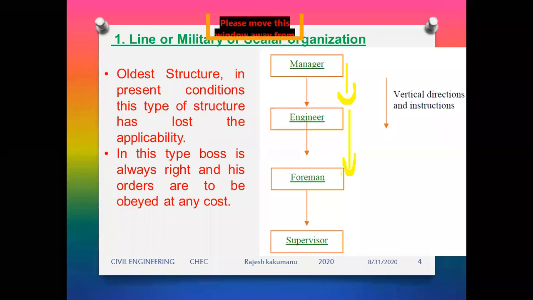Once the foreman has the information from the engineer, he gives it to the supervisor, and from the supervisor to the workers. So it is a vertical type of direction. The instructions are in the vertical direction.